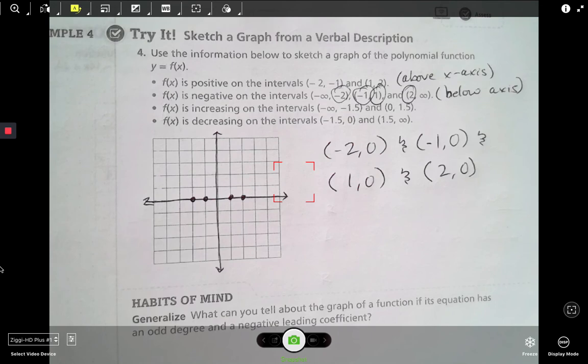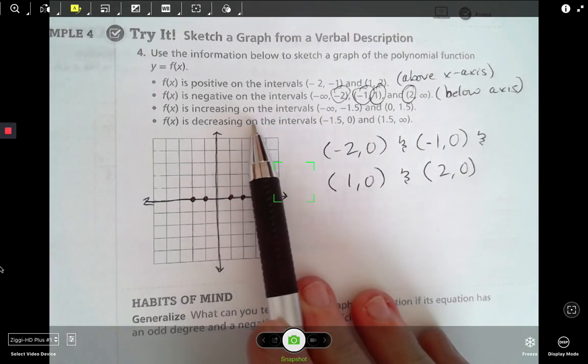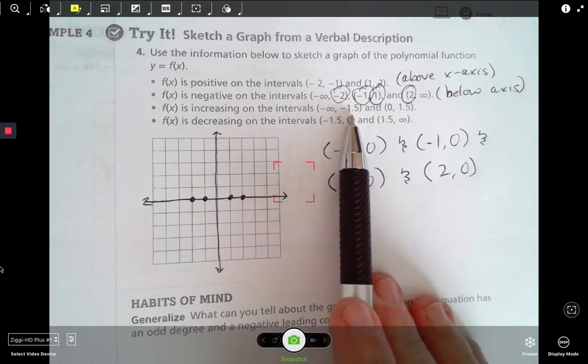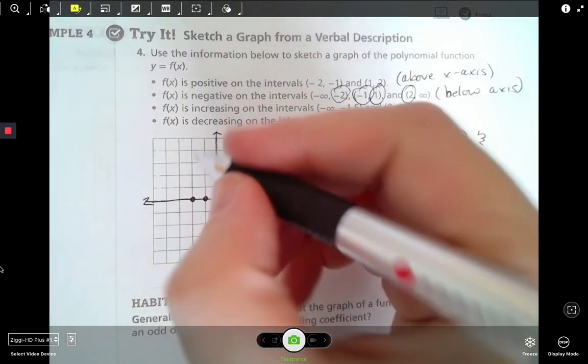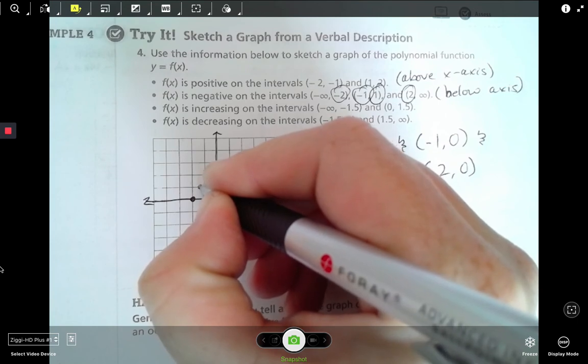Step 2 says to identify your turning points. That's your increasing and decreasing intervals. So I've got a turning point at negative 1.5. Do you agree with that? So if I've got a turning point at negative 1.5, I don't really know where because it doesn't tell us accurately, but there's negative 1.5.